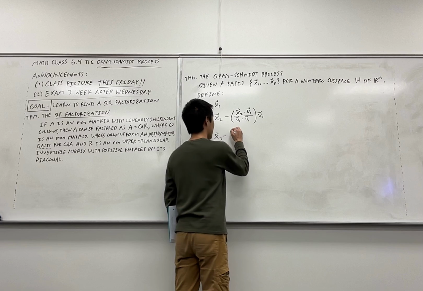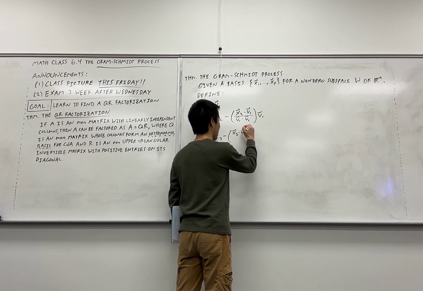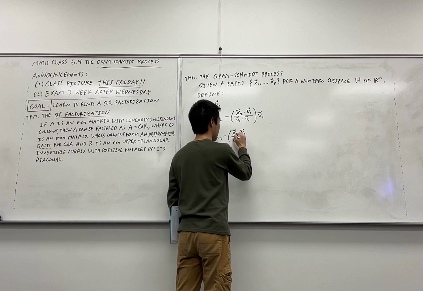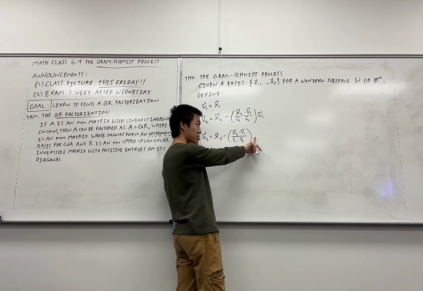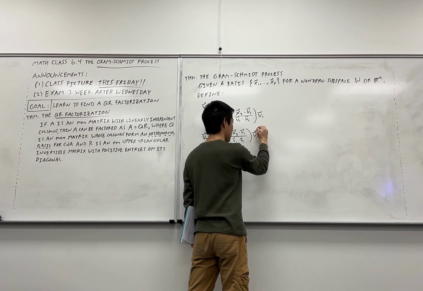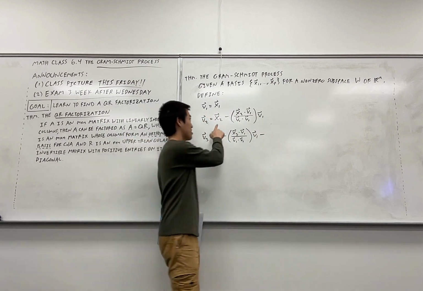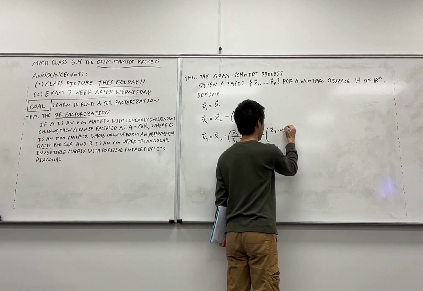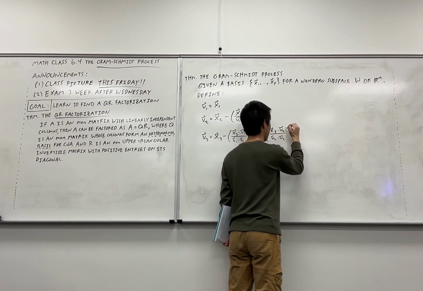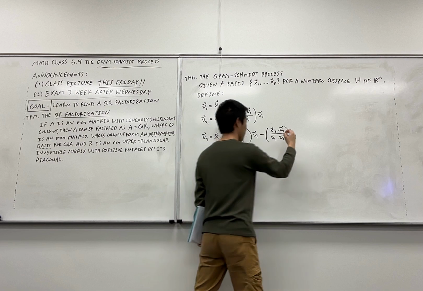So not only am I going to make my x3 dance with the v1 guys, what goes out here by parallel construction? V1. But I also need to make them dance with the v2. x3 dot v2. What goes here by parallel construction? v2.